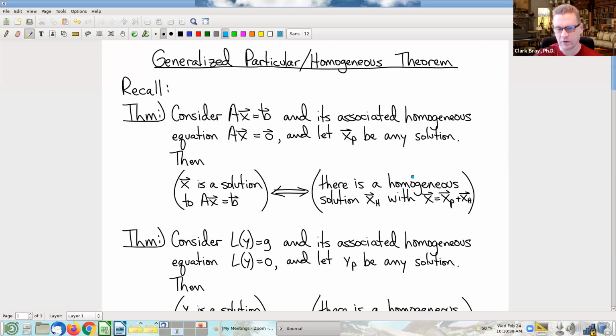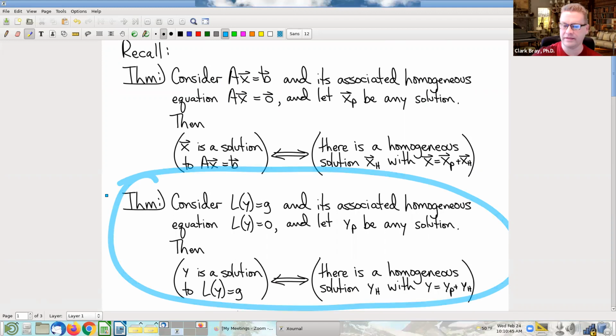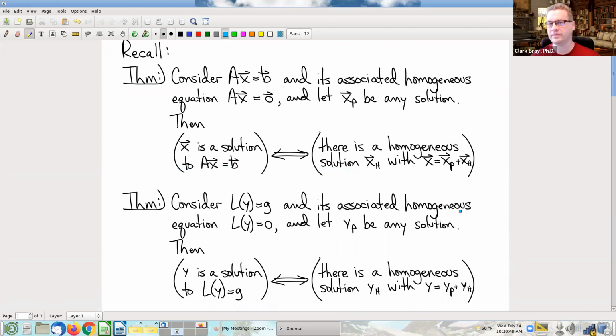Okay. Well, we've seen more recently now this theorem. And this theorem is going to be super important and super practical and super useful, specifically if you have this kind of a differential equation that we're now looking at for the first time.